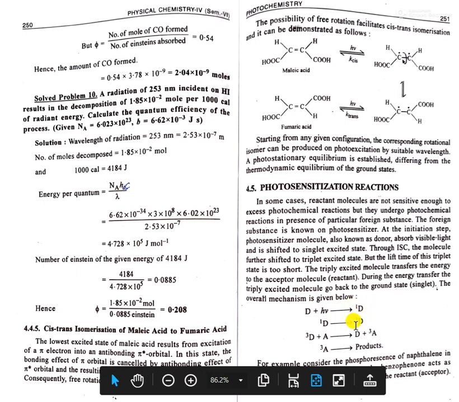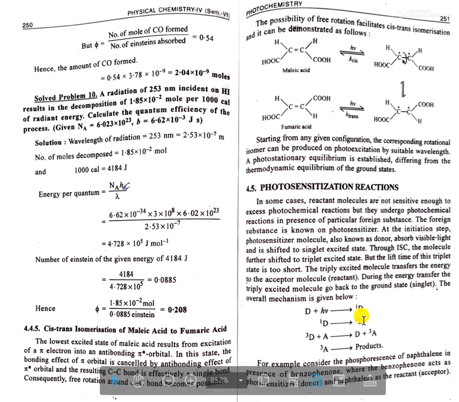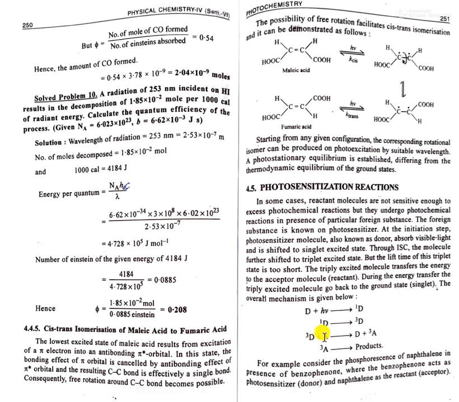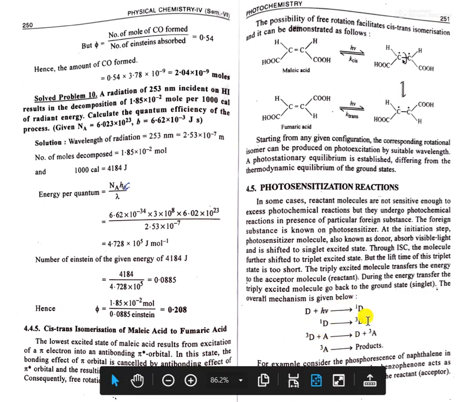This is a triplet state of the donor molecule. And this triplet state will transfer its energy to a reacting molecule, that is A. This A cannot interact by its own with a photon. So with the help of a photosensitizer like this, A is able to get converted to the excited state. That is what is happening here.